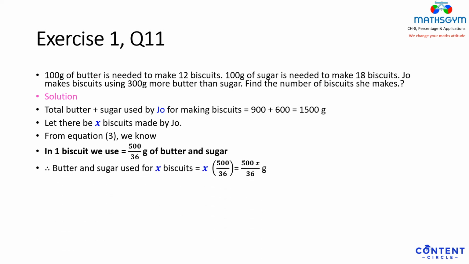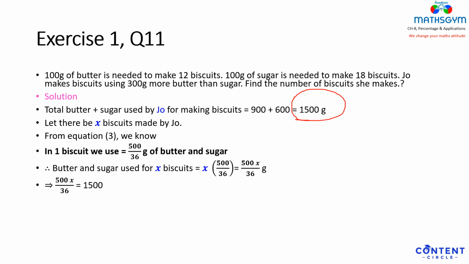In one biscuit, we use 500 upon 36 grams of butter and sugar. So for X biscuits, how much are you going to use? It's going to be X into 500 upon 36, which is fundamentally 500X upon 36 grams. Now we have also arrived that Joe has used 1500 grams of butter and sugar. It means both should be equal. So 500X upon 36 is equal to 1500.